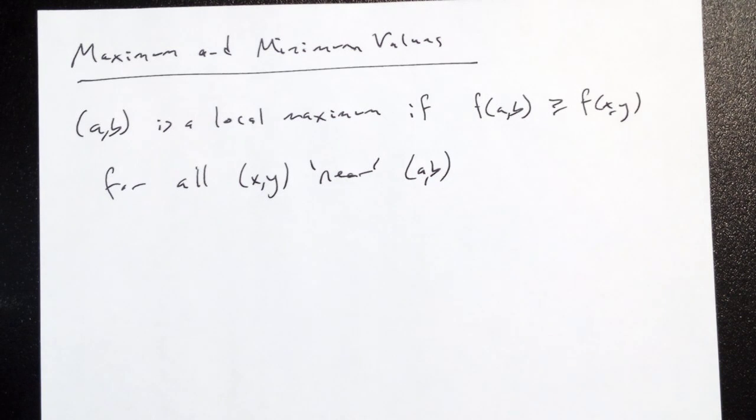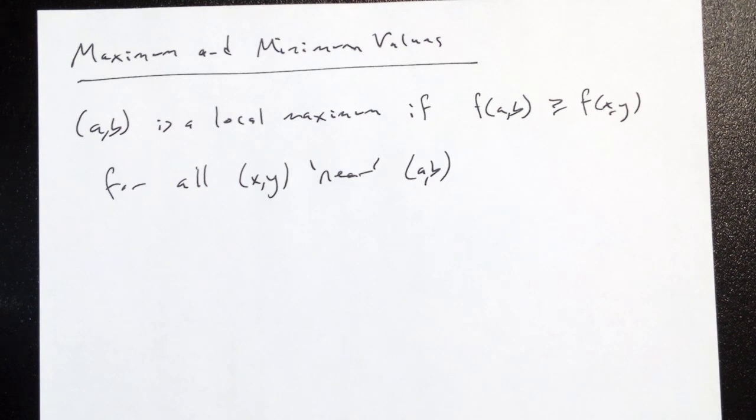The point AB creates a local maximum if it's got a larger z value than all of the ones near it. Now, near, when we did maximums and minimums, meant that there was some interval. In Calc 1, we had a local maximum, and it was the highest thing in some little interval, right? But here, little intervals are disks.